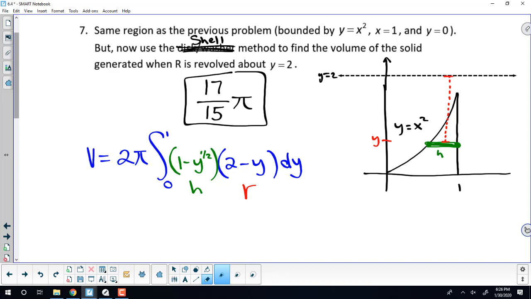Any questions? So draw these things out. Even if it's the same region over and over again and you're doing different methods or rotating it around different axes, just draw it out again.